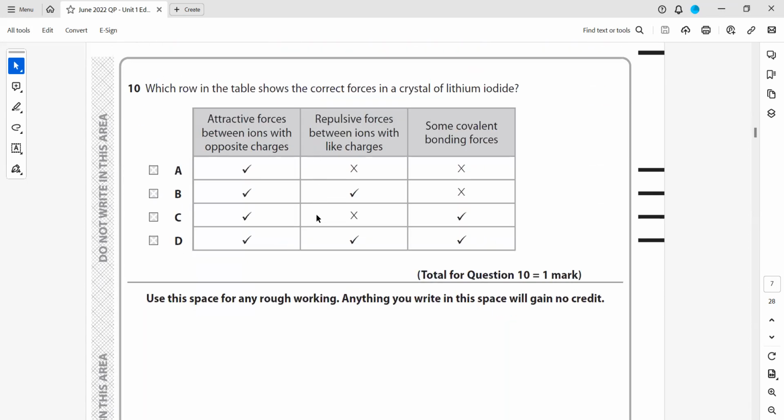Which row in the table shows the correct forces in crystals of lithium iodide? Lithium iodide is an ionic compound. So lithium will be positively charged and iodine is negatively charged. So there will be strong electrostatic attraction between the oppositely charged ions.